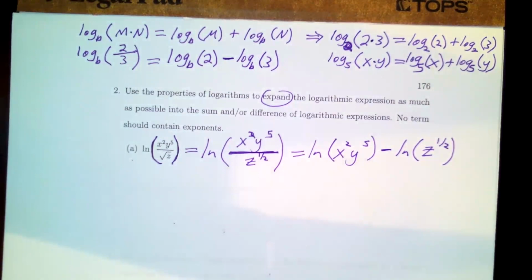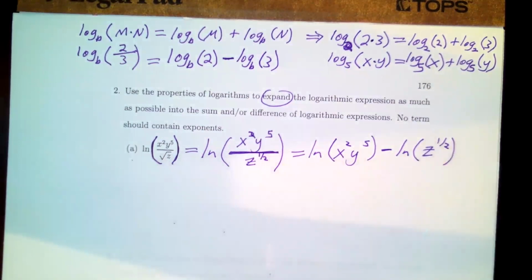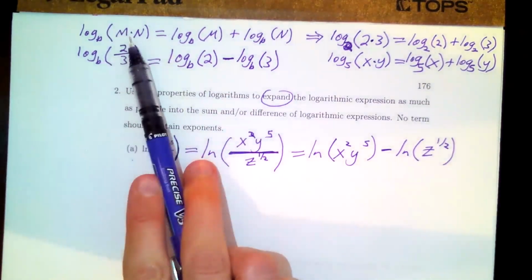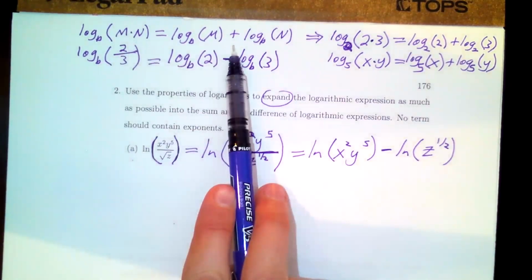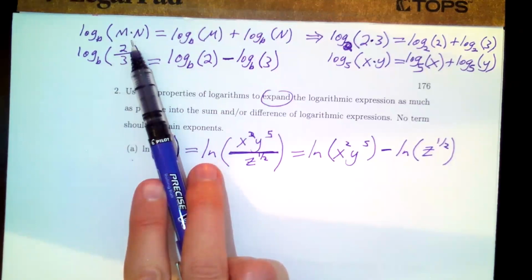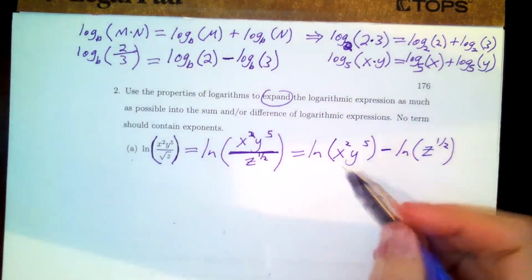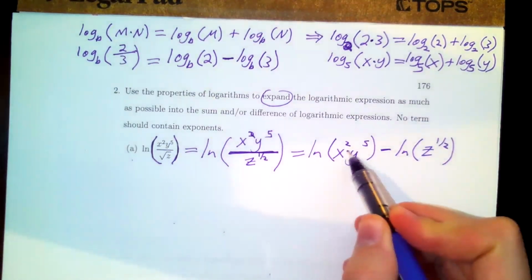But we're actually not quite done. I'm looking for every instance where something is divided, which becomes a subtraction, and any instance where something is multiplied, which becomes an addition. So do I have a couple of things multiplied in one of these logs that I can split up? Yes, I actually have ln of x squared times y to the 5th.